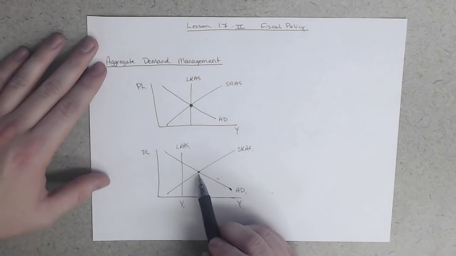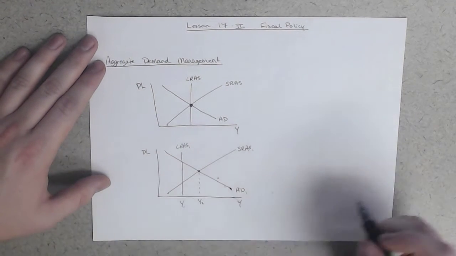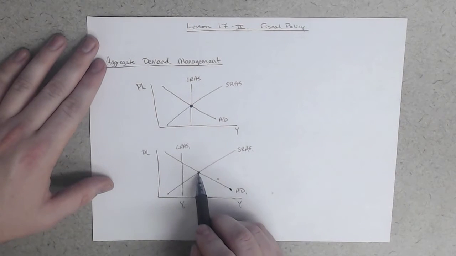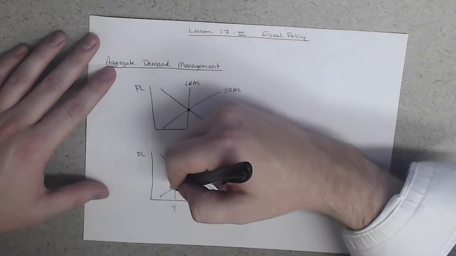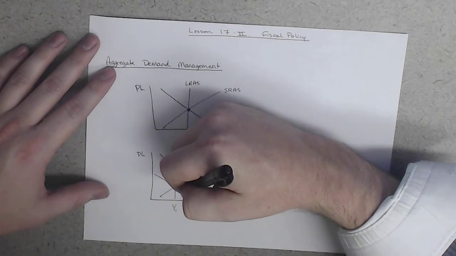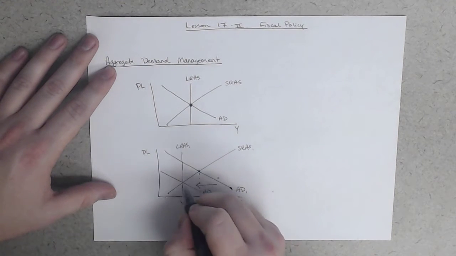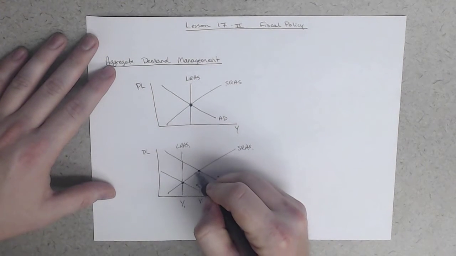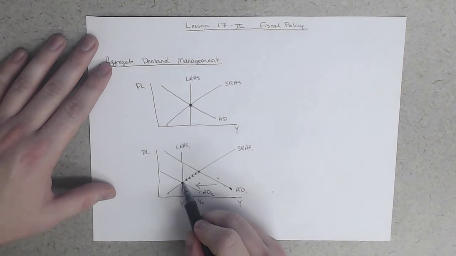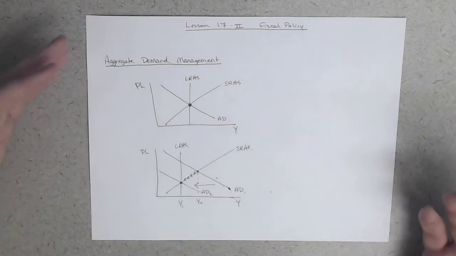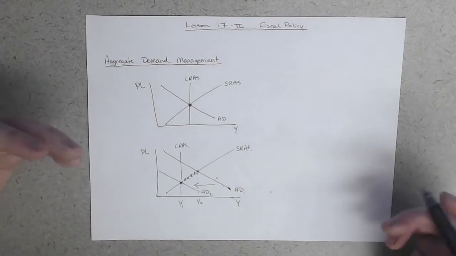As we talked about last time, we know that the short-run aggregate supply curve will shift to the left. But another way we could do it is to somehow find a way to shift the aggregate demand curve to the left. Then we would move along the short-run aggregate supply curve down to this point here, and we would again be at another long-run equilibrium, and it'd be just fine. The boom period would be over.